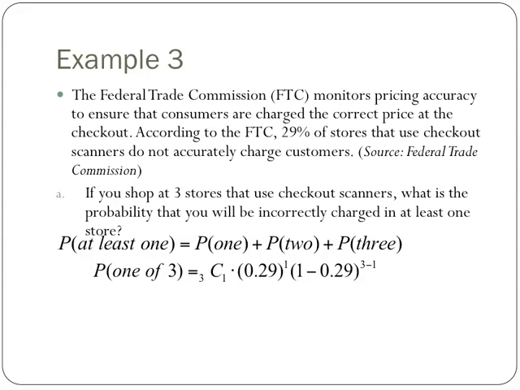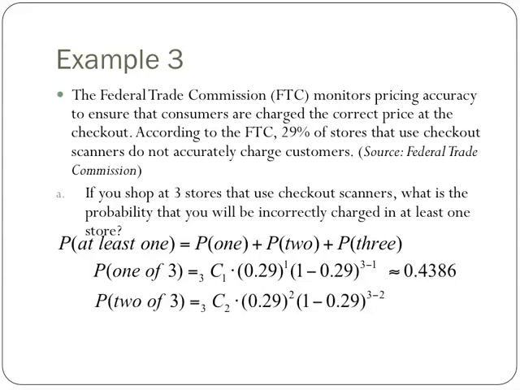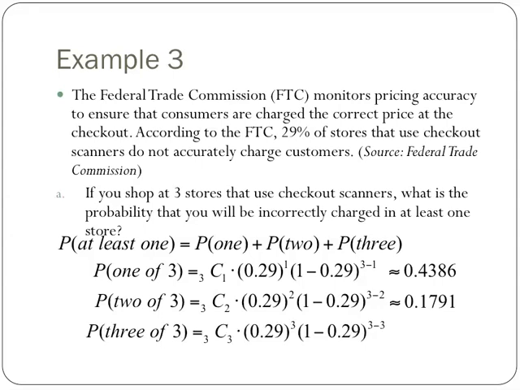All right, the probability that 2 of the 3 is going to be 3 choose 2, times 0.29 raised to the second, times 1 minus 0.29 raised to the 3 minus 2. And then the probability that 3 of the 3 incorrectly charged you is going to be 3 choose 3, times 0.29 to the third, times 1 minus 0.29 to the 3 minus 3.